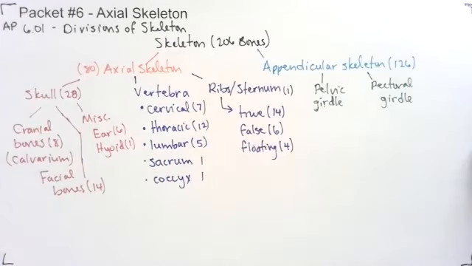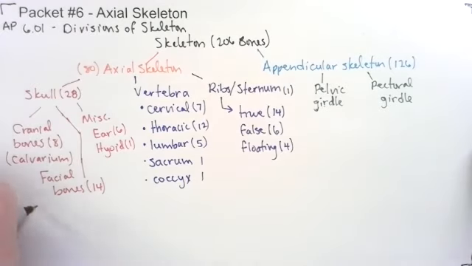Now, not only are we going to learn the location of the bones, but we're also going to learn the landmarks of the bones. And so a couple of definitions written down right here off the bat. Two of the words I'm going to be using quite a bit.